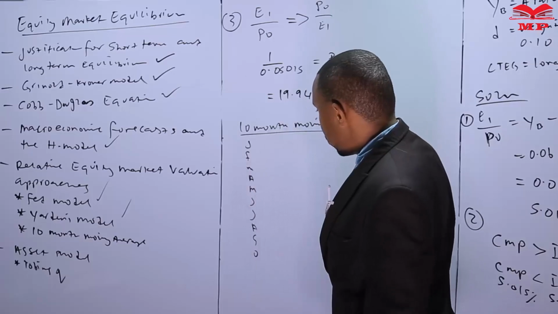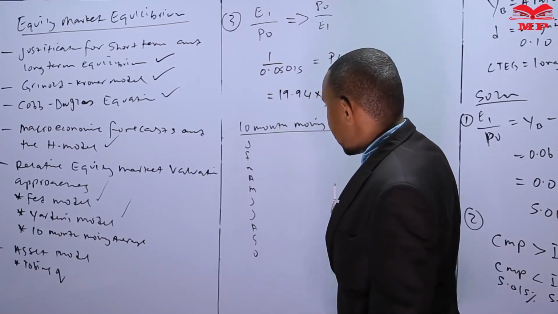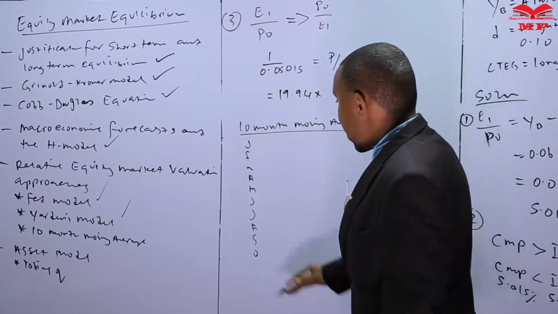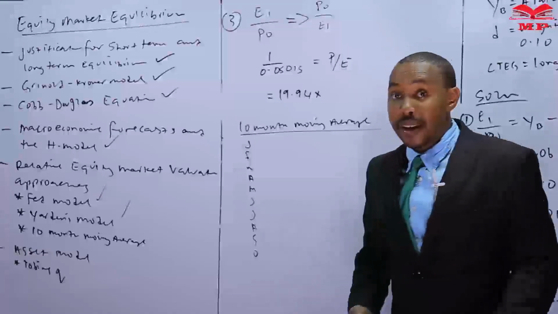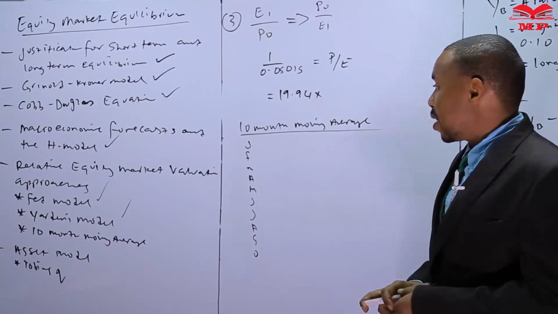This represents 10 months. So we get the earnings yield for this period and compare it with the previous 10-month moving average, and with that we get the estimate of the market.